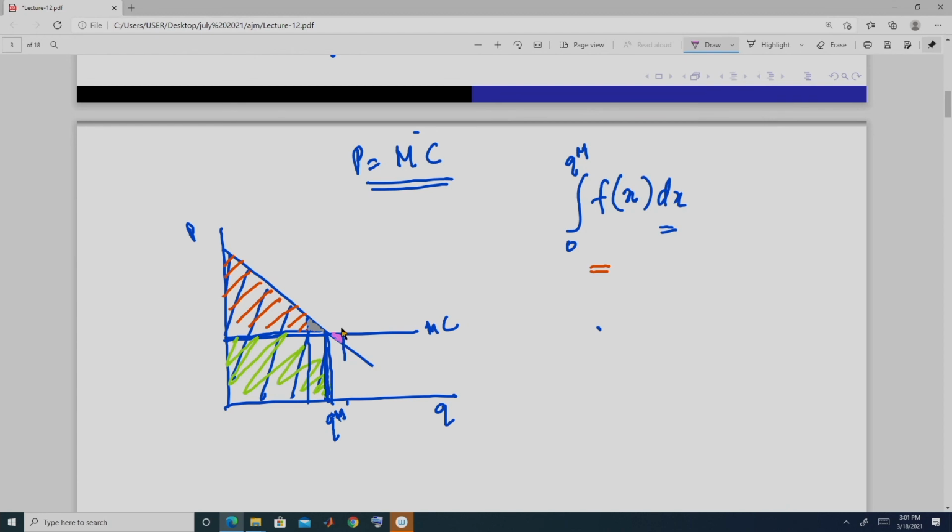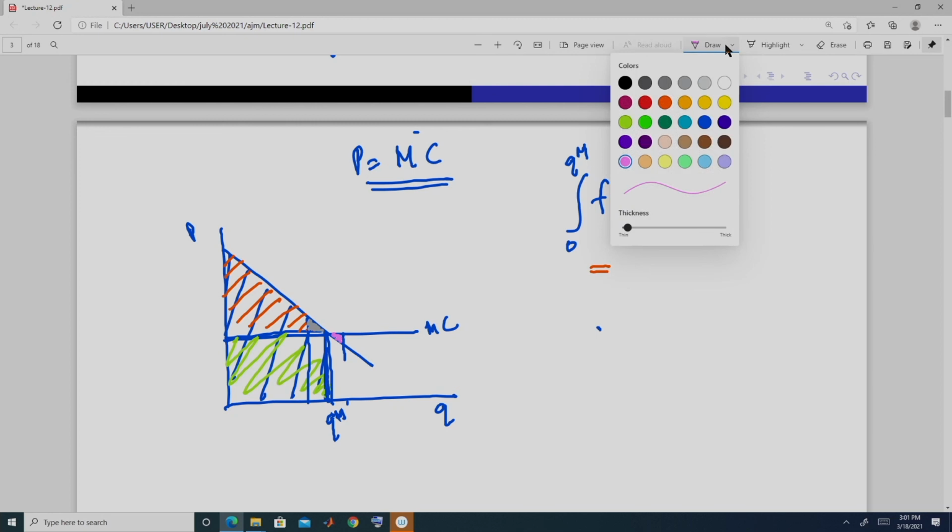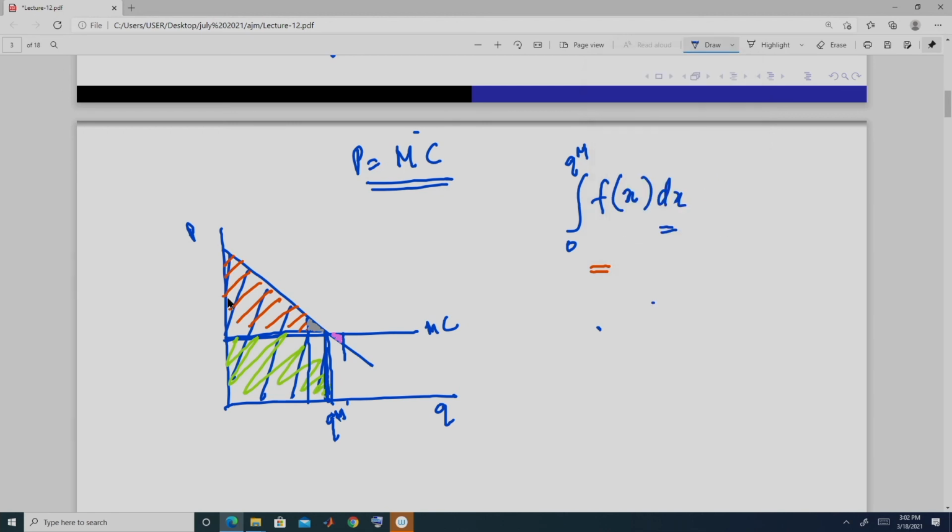So, that is why the output where price is equal to marginal cost is the Pareto optimal output. And here we are not talking about the distribution of the surplus. In a competitive market, this whole surplus would be going to the consumer, but in first degree price discrimination, this will be going to the monopolist.